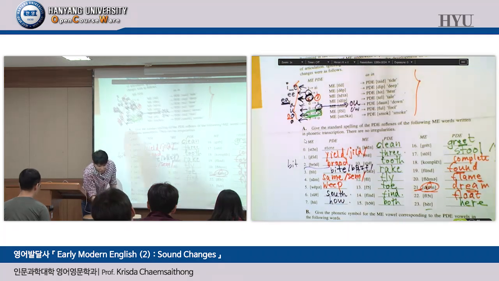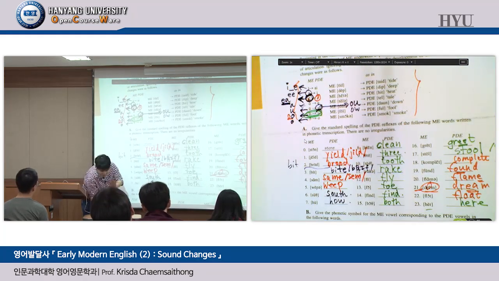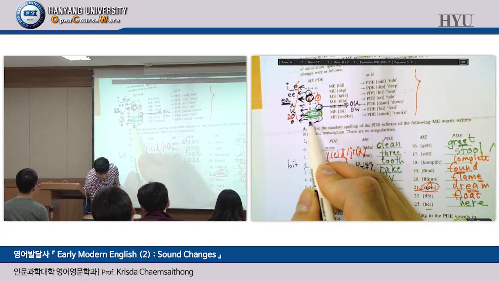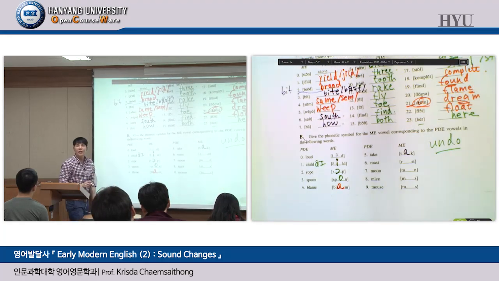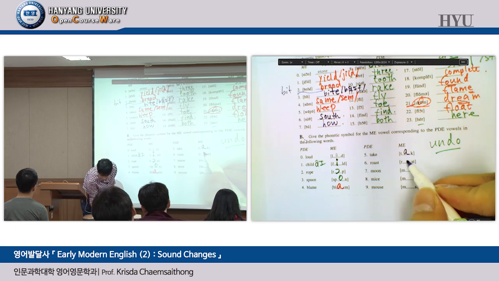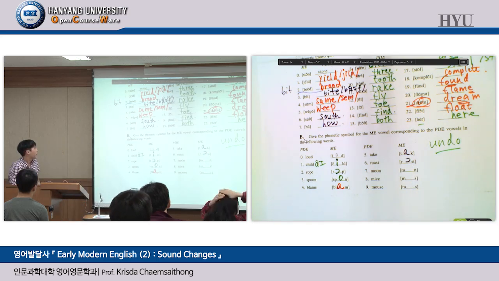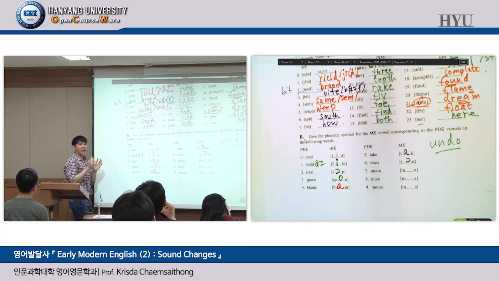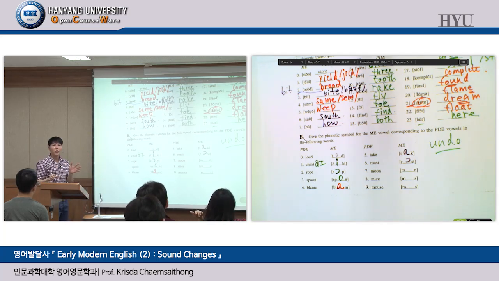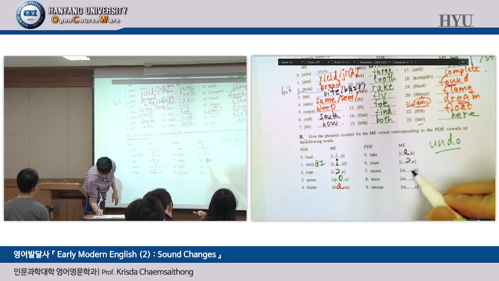O to O. So roast would be roast. And number 7, moon. Nowadays it's moon. So to moon.